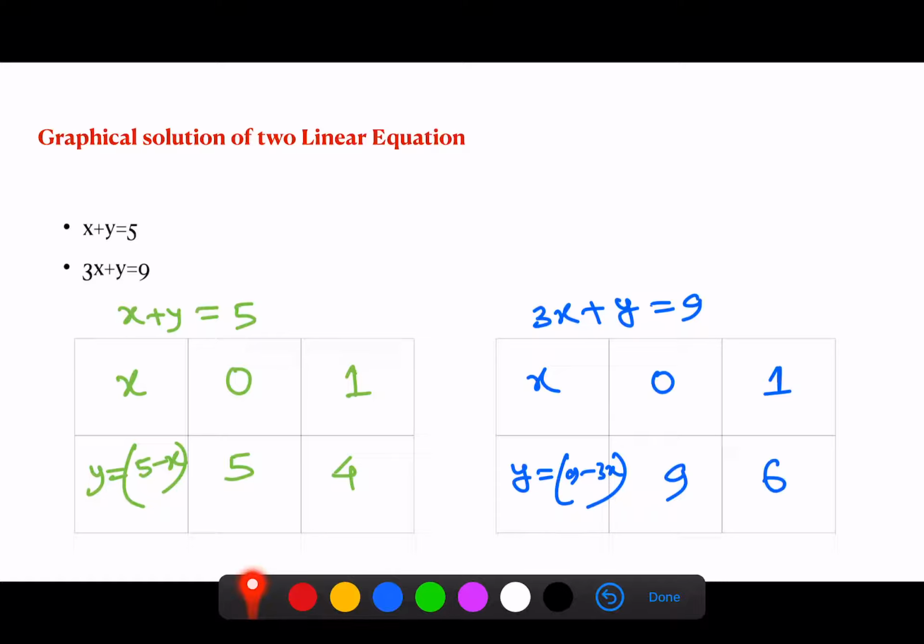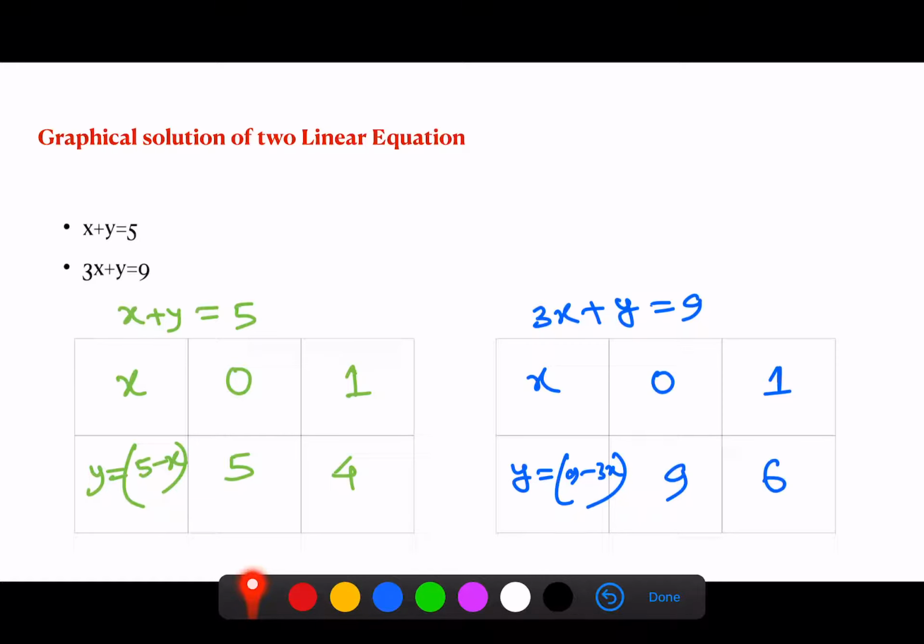Here x is the independent variable and y is the dependent variable. If x equals 0, then y equals 5, and if x equals 1, then y equals 4. Similarly for the other equation, x equals 0 gives y equals 9, and for x equals 1, 9 minus 3 into 1 gives y equals 6.